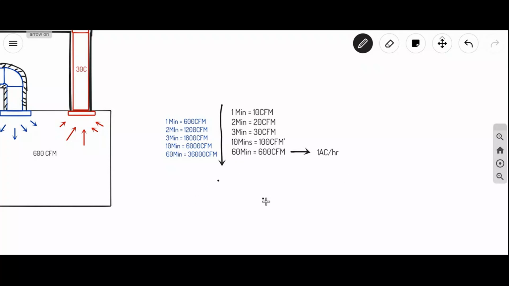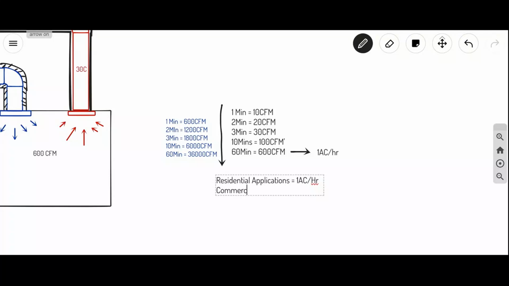Yes. So residential applications require one air change per hour.